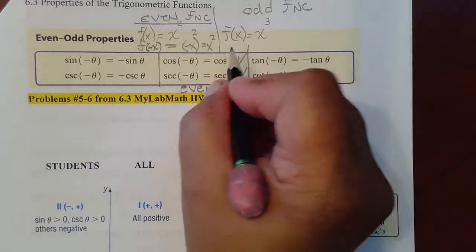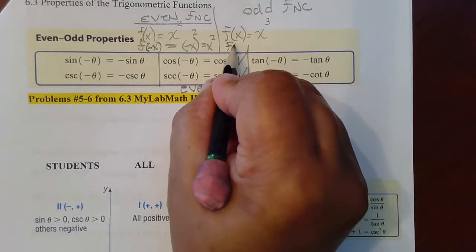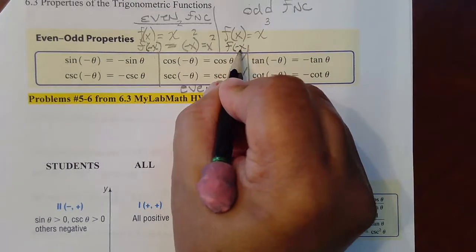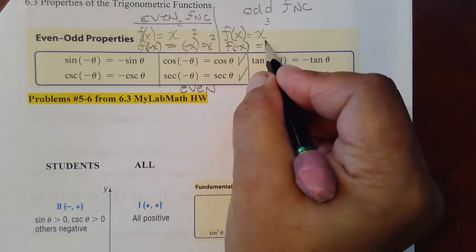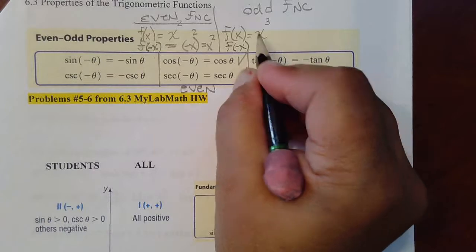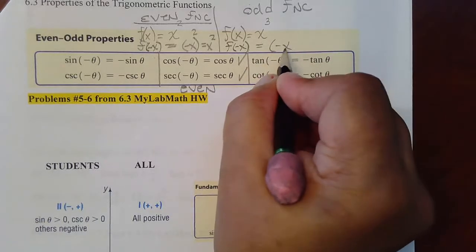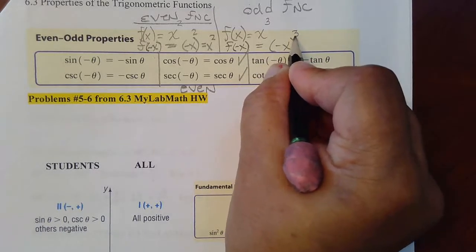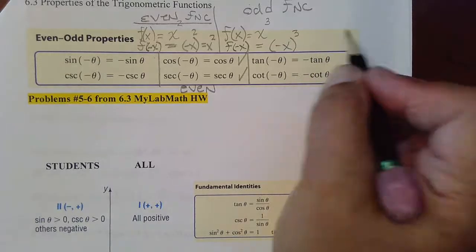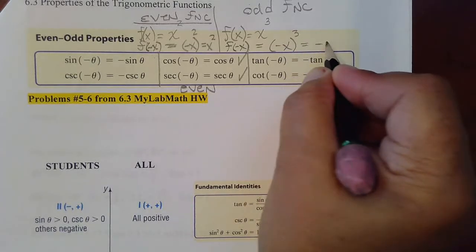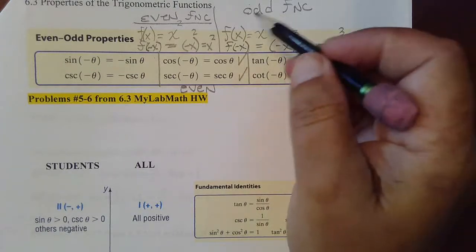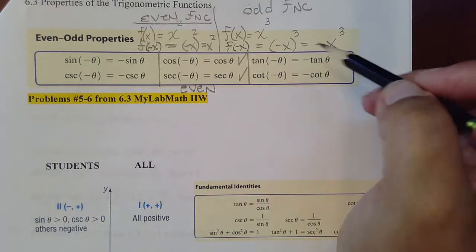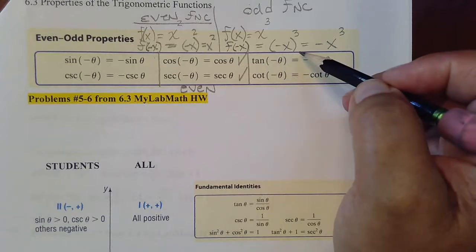See, odd functions, when you plug in a negative, it doesn't go away. Let's try plugging in a negative x, both in the function name as well as the function that shows the operation. If you put a negative x in here, that would be negative x times negative x times negative x. You would have a negative left over. So the function actually does change. It started off as positive x cubed, and that negative had an impact on it.